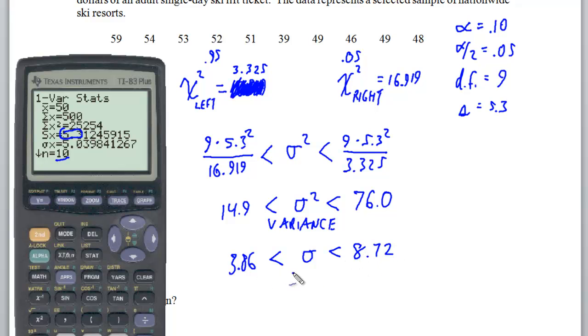So the standard deviation of this problem is going to be between 3.86 and 8.72. We can be 90% confident of that. So the question that I covered up at the calculator, what does this mean?